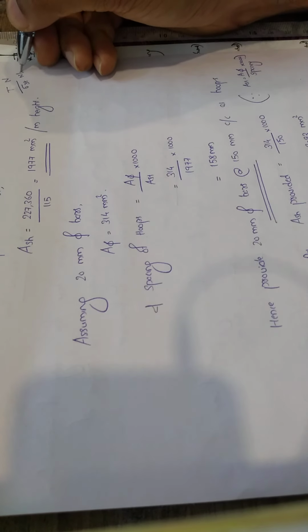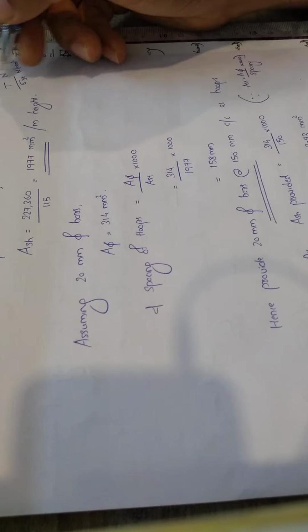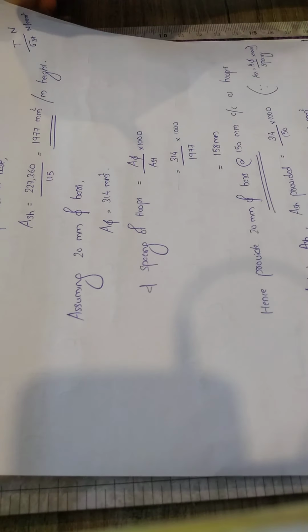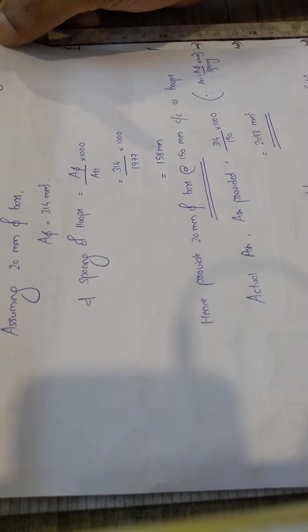This is Newton per mm square. So if I am dividing this by this, we will get Ast. Okay, so this is the case of direct tension, the hoop tension. So we are getting 1977 mm squared per meter height. That is the area of the hoop reinforcement.